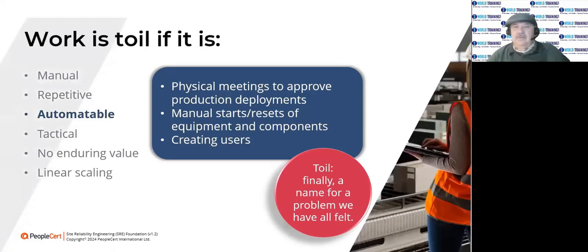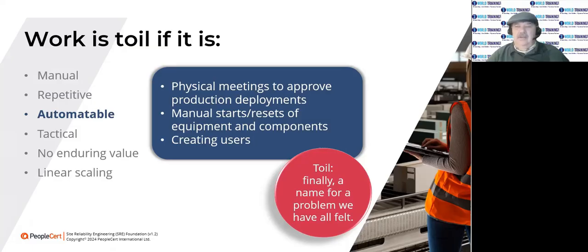Automatable, so almost from an SRE point of view, almost anything that could be automated might be considered toil, and some of them are not obvious or intuitive. For example, physical meetings, you might say can't be automated, but if the meeting is only to approve something like a production deployment, maybe you could have policy as code.